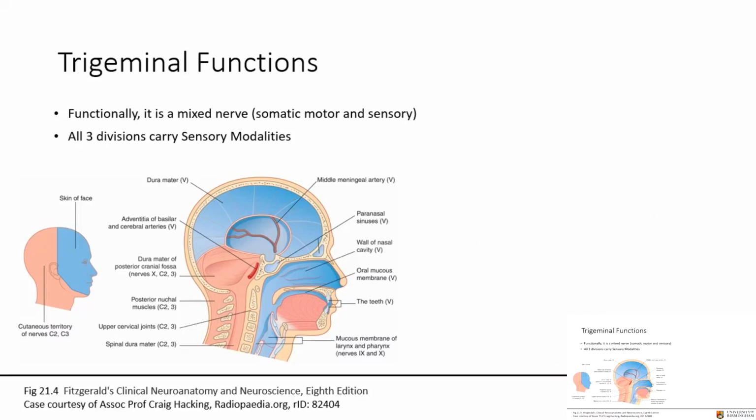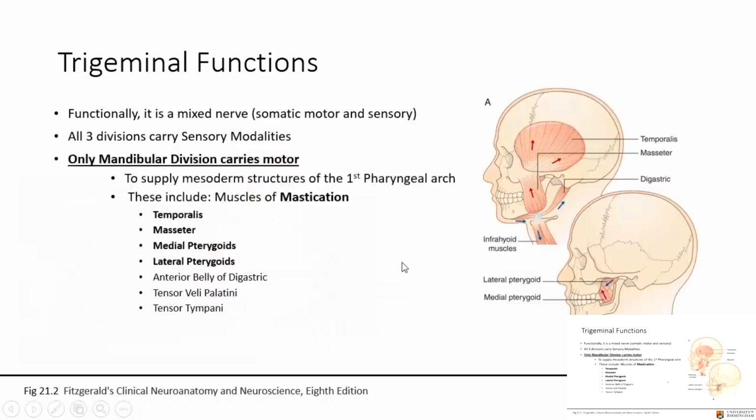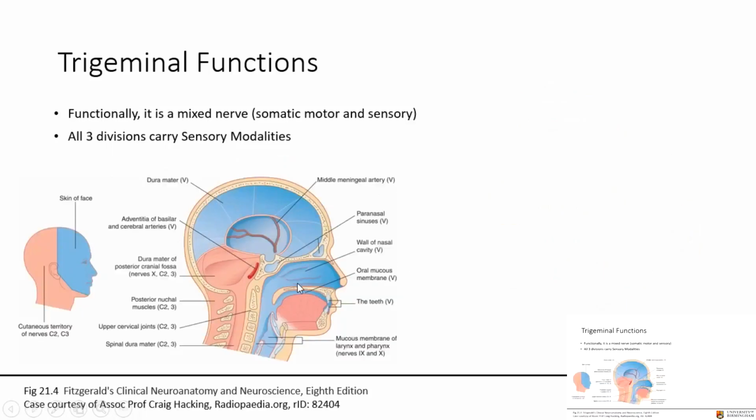So it will supply the skin of the face, but also intracranial structures and some of these cavities that we cannot see. Those are the paranasal air sinuses that we saw before, which are also innervated by the trigeminal nerve.